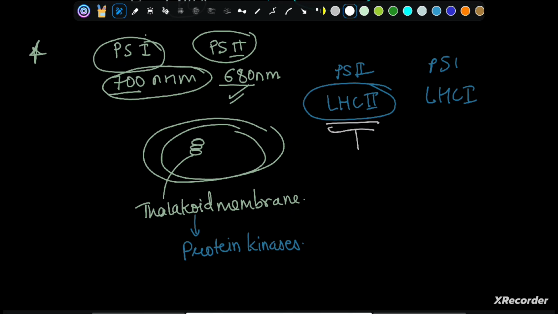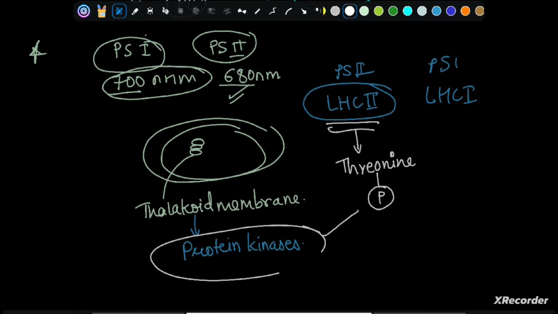Now, we are concerned about this LHC2 only. This LHC2 has a specific threonine residue that is phosphorylated by this protein kinase. Phosphorylation changes the interaction of LHC2 with PS2.